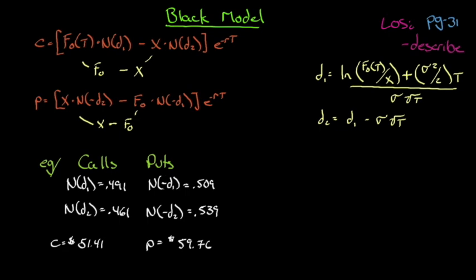So let me give you an example. Let's say that we observe oil, CL, and let's look at the November delivery contract, which will be November 17th. Let's say that it is trading at $50. Well, we get the idea of a futures contract, right?